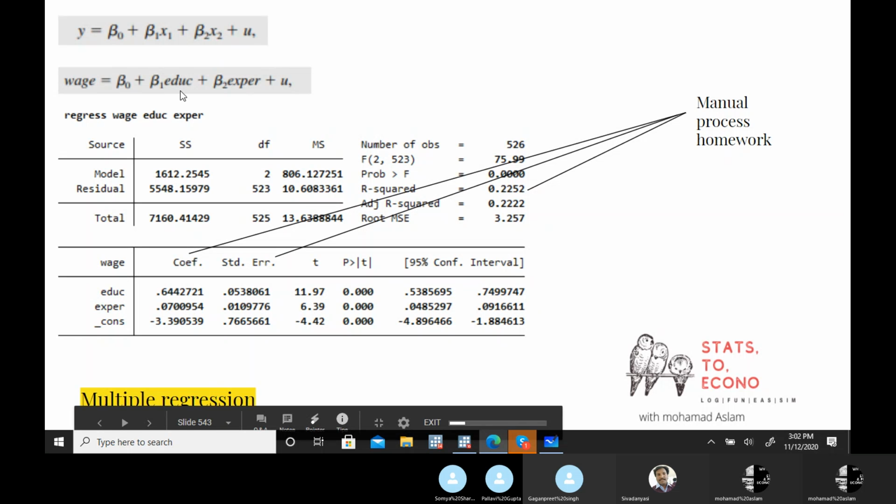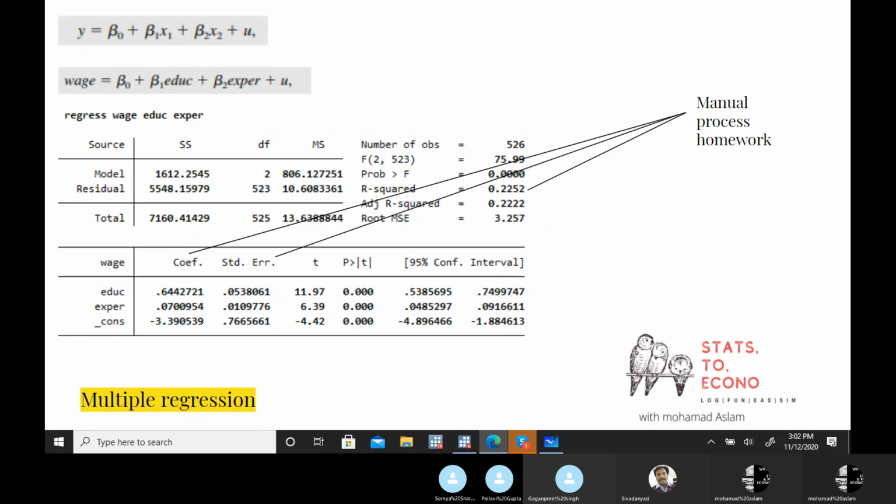Now the interpretation and derivation will change. The matrix-form derivation I did with you is for multiple regression, whether you have 3 independent variables or up to k independent variables. With the matrix method, you can derive the estimates.